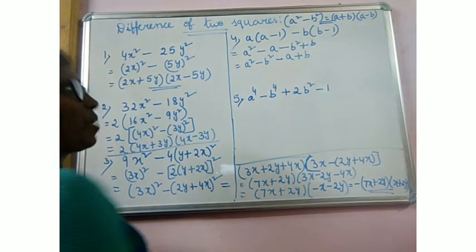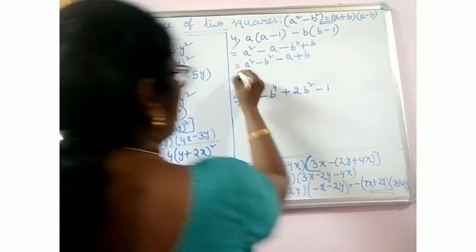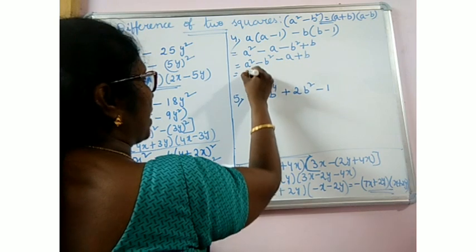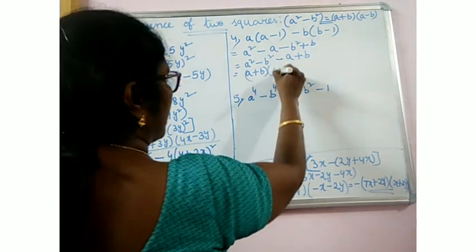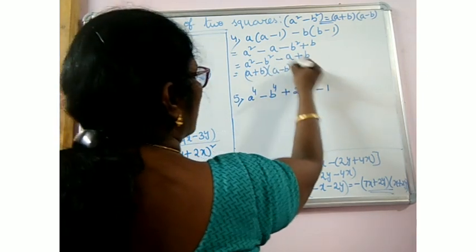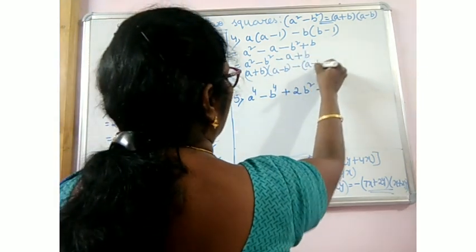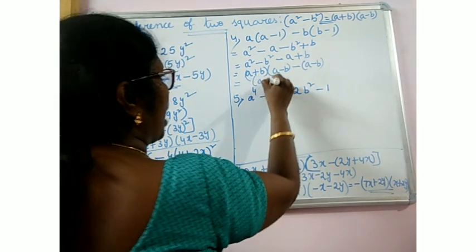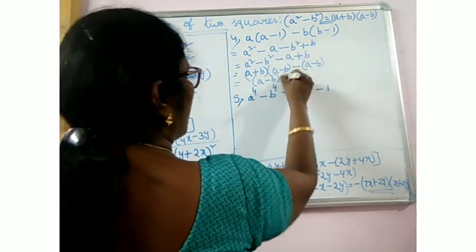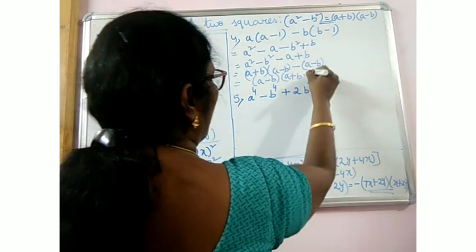Any problem? Now let us group this and this. A square minus b square is a plus b into a minus b. And if you take minus common, you will get a minus b. In these two, if you take a minus b common, you will have a plus b minus 1.